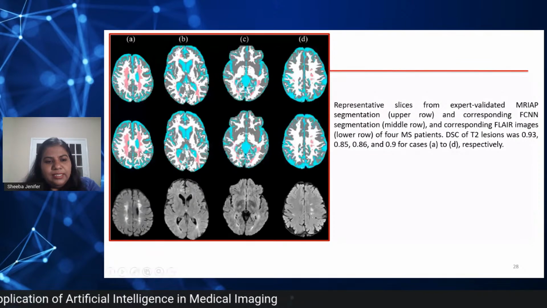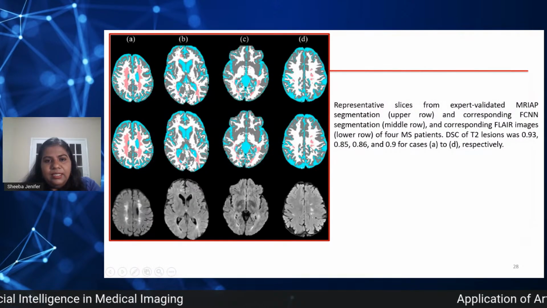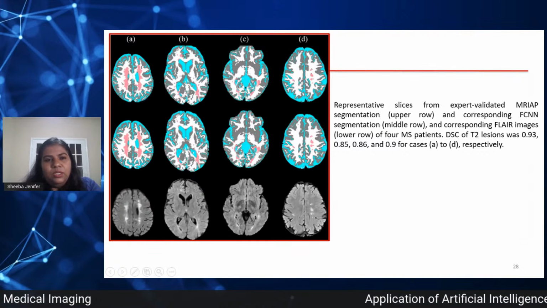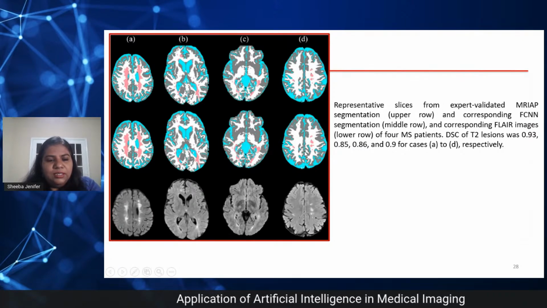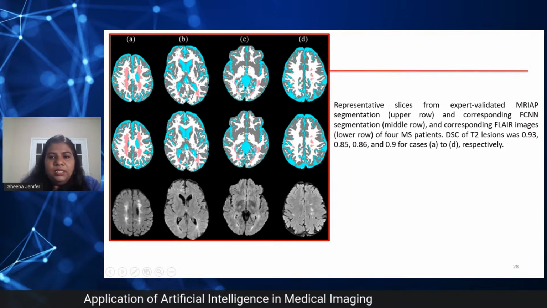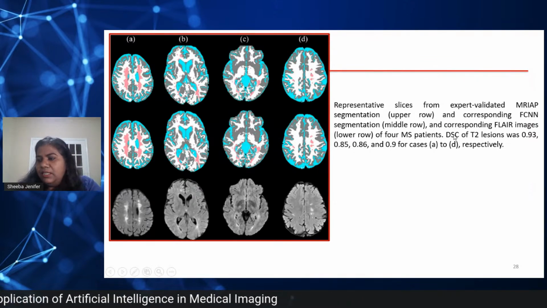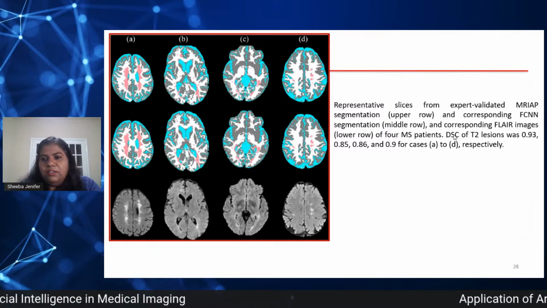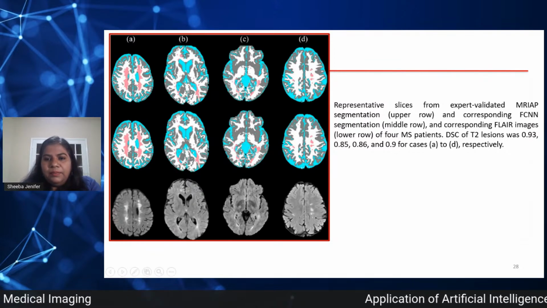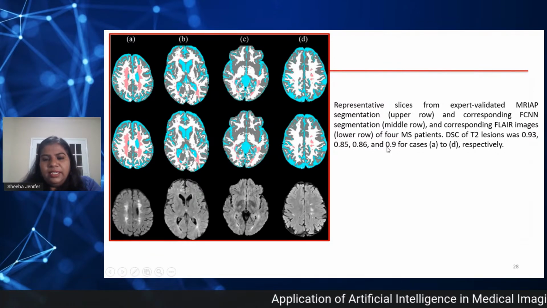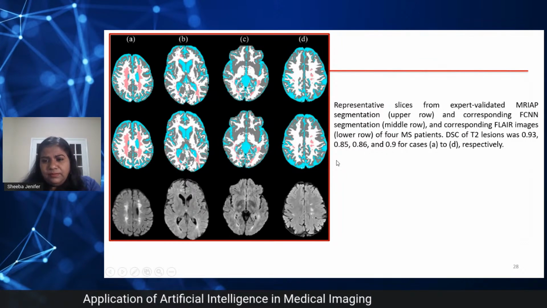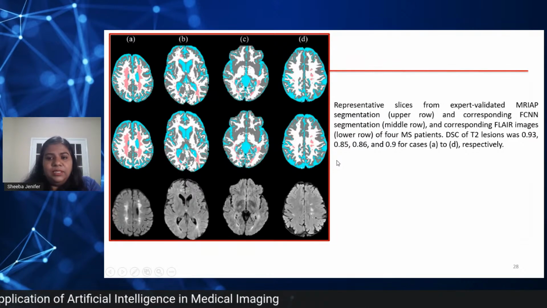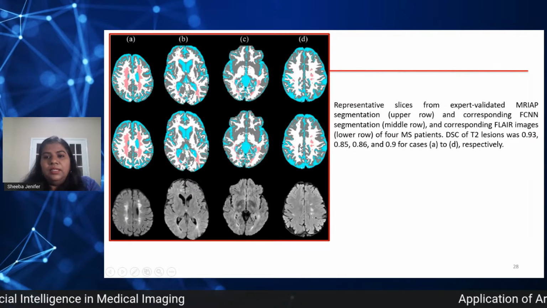In the same way, it can highlight equally to radiologists. It can do the work the same way a radiologist can. Here we have a dissimilarity coefficient of the lesions, and it's pretty good to see that it's more than 85%, which means it aligns very well with the radiologist's outcome.